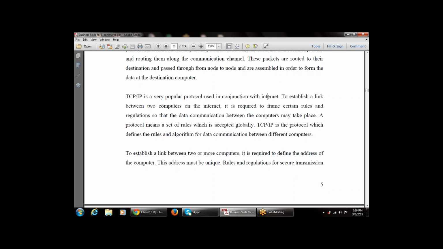Otherwise, the whole data would be sent and only afterwards we would know it had not reached the destination because of some error. But if one packet does not reach the destination, I do not send the second packet, because there is no benefit in sending the second packet if the first packet fails. This is the advantage of TCP/IP, and that is why it is a very popular protocol used in conjunction with the internet.